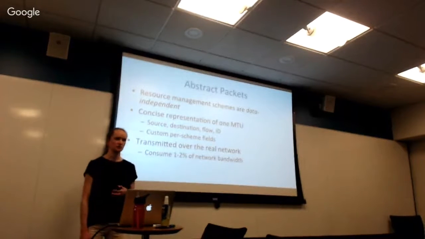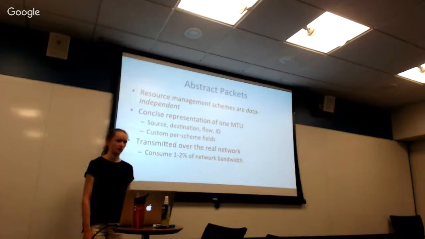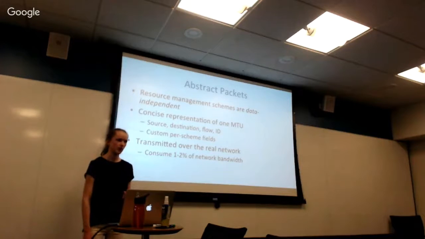Because communication between endpoints and the emulator occurs over the same network used to transmit real packets, it consumes some of the available network bandwidth. However, abstract packets are themselves quite small, about 12 bytes in a typical case. In addition, multiple abstract packets can often be sent together to the emulator in the same real packet, for example, when a single send or sendto call on a socket requests many packets worth of data.